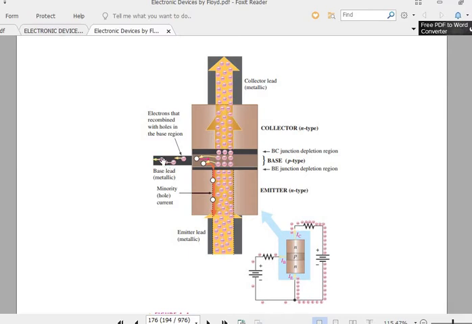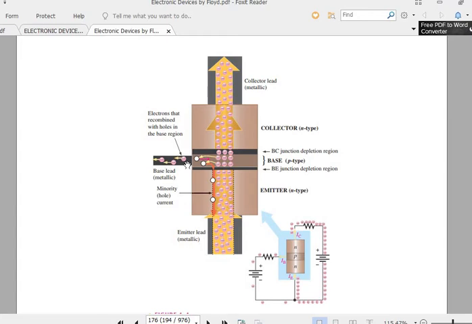Some shaded areas here, the black shaded areas, are showing that obviously when the electrons are moving around, then the path is given, so a little flow of the electrons takes place from the base terminal, because the path is given.